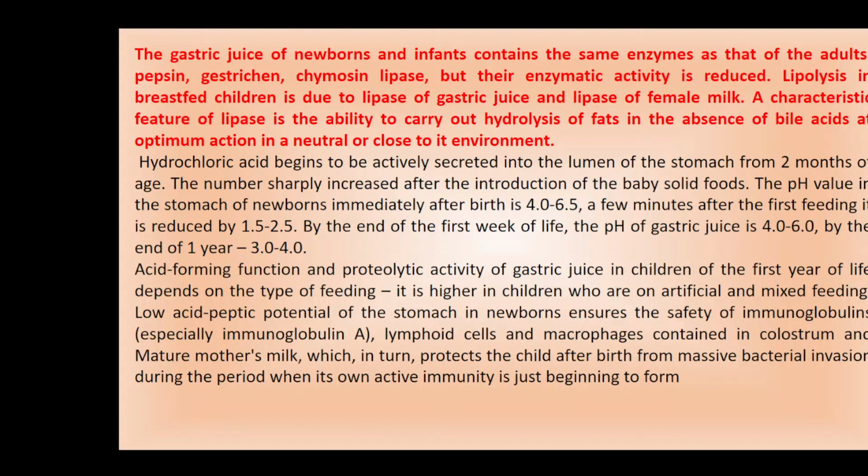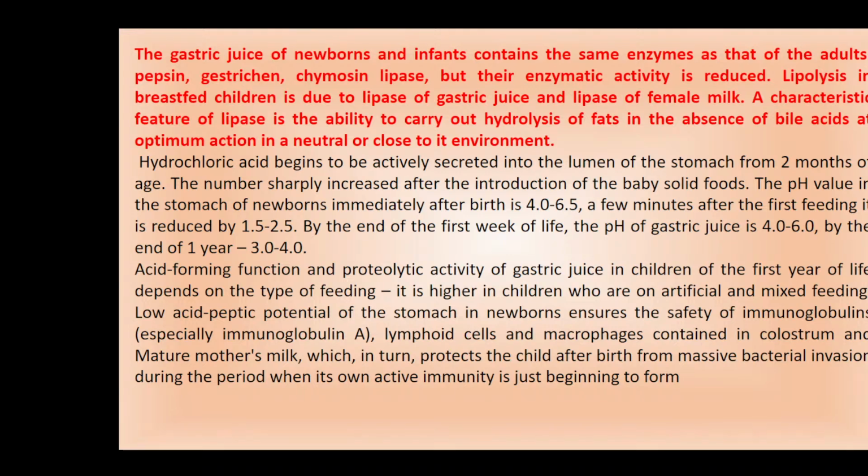By the end of the first year of life, 3 to 4. Acid-forming function and proteolytic activity of gastric juice in children of the first year of life depend on the type of feeding. It's higher in children who are on artificial and mixed feeding.